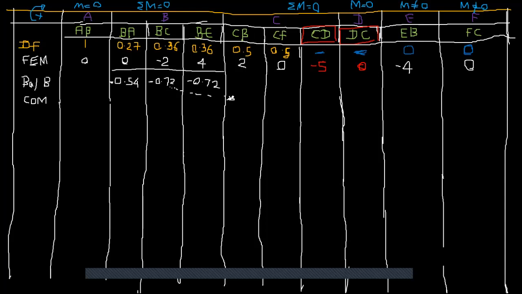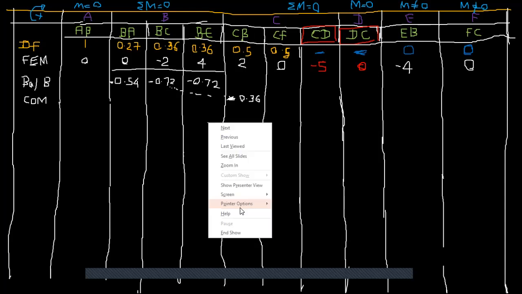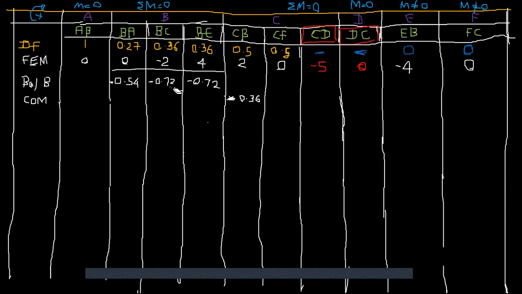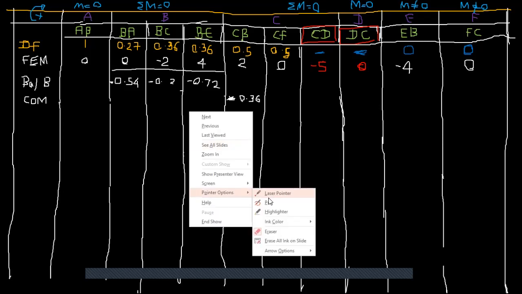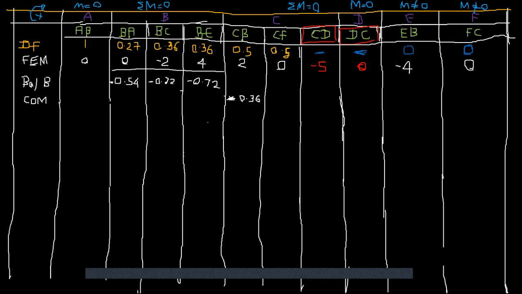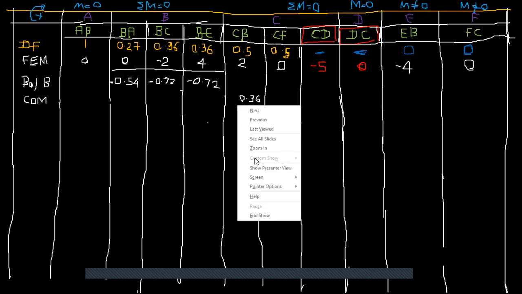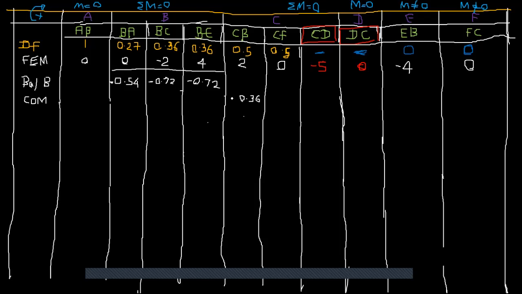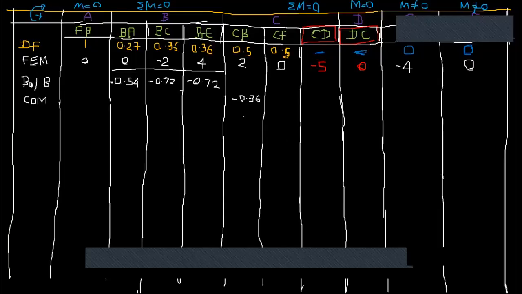So that means negative 0.36, right? I won't draw these arrows because it looks confusing. Minus 0.36 is shared.